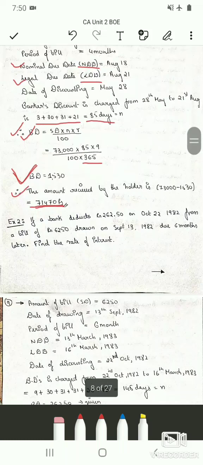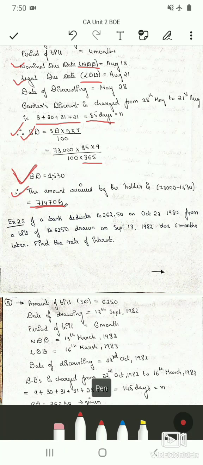So the second problem is, if a bank deducts rupees 262.50 on October 22nd, 1982 from a bill of rupees 6,250 drawn on September 13, 1982, due 6 months later, find the rate of interest.